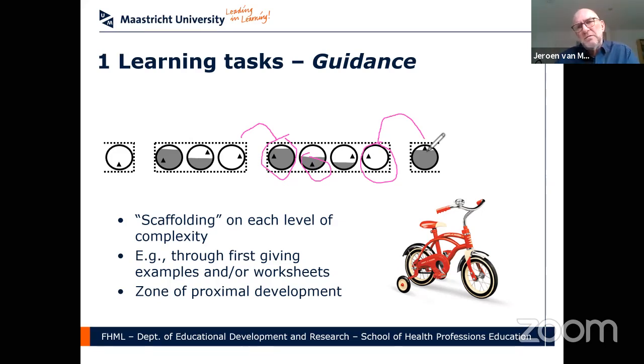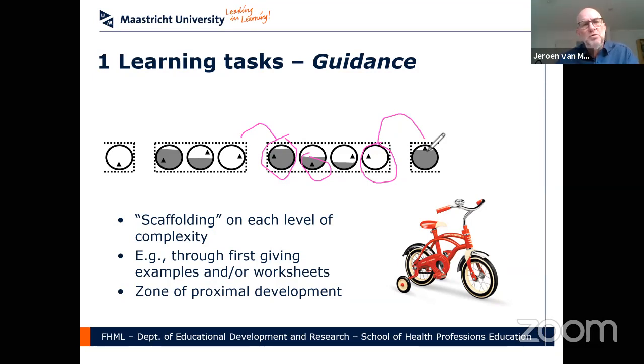So this is an important principle when we develop educational programs of longer duration. We not only increase the complexity of the tasks from simple to complex, but on each level of complexity, we also decrease the support and the guidance that we provide to students.